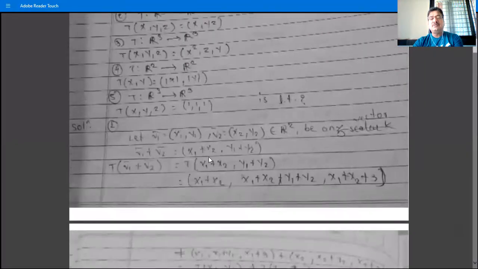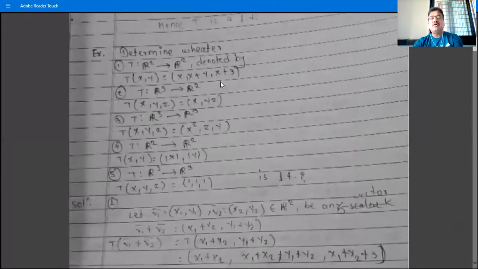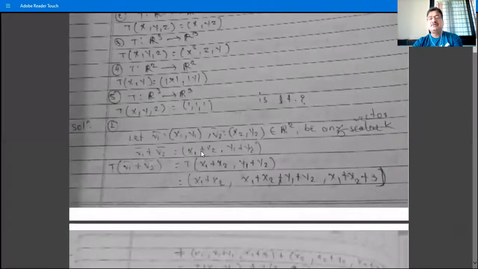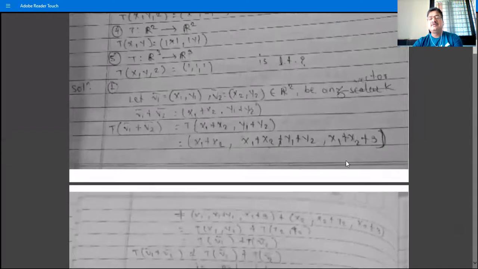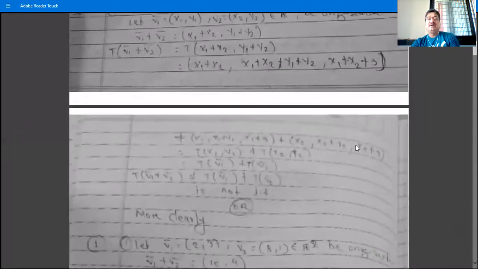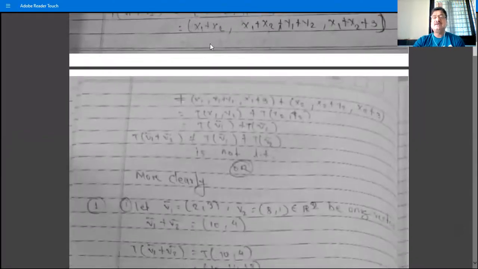So T of V1 plus V2 is (x1 plus x2, x1 plus x2 plus y1 plus y2, x1 plus x2 plus 3). This is by using the definition. We cannot write this as (x1, x1 plus y1, x1 plus 3) plus (x2, x2 plus y2, x2 plus 3).